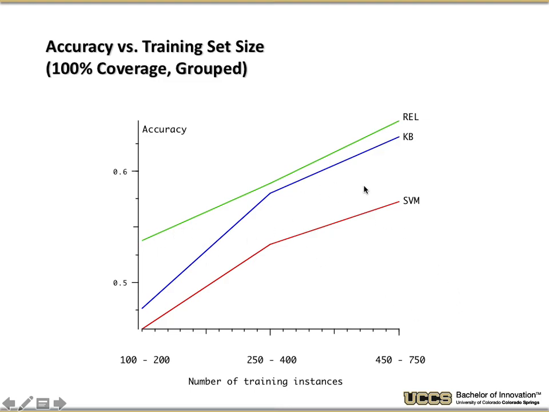Relational is now everywhere above, KB is above SVM. And as I said, there is a test for which it's statistically significant, but not in the normal test that I would look at, because the variation as a function of training set size is so large that if I look at it as a single statistic, it's not meaningful.